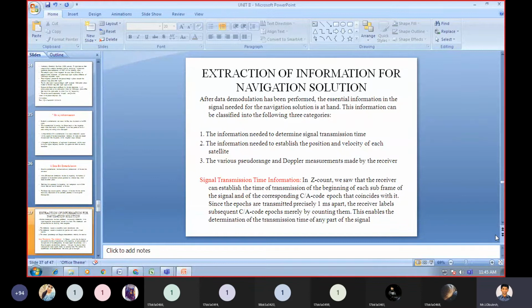In the Z count, we saw that the receiver can establish the time of transmission of the beginning of each subframe of the signal, and of the corresponding C/A code epoch that coincides with it.